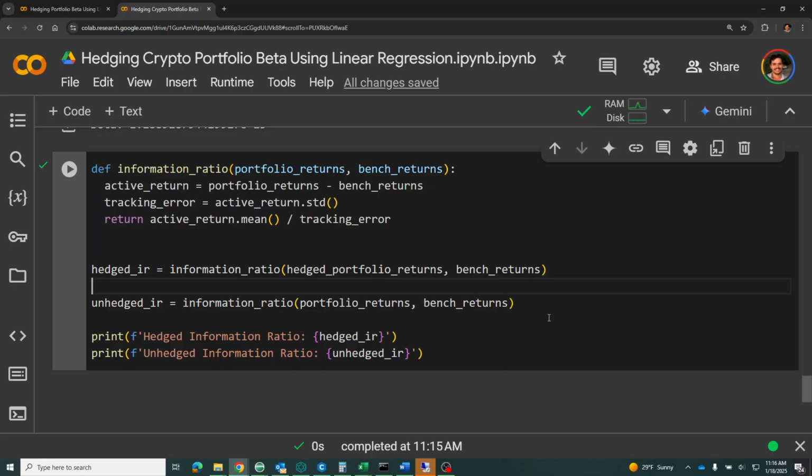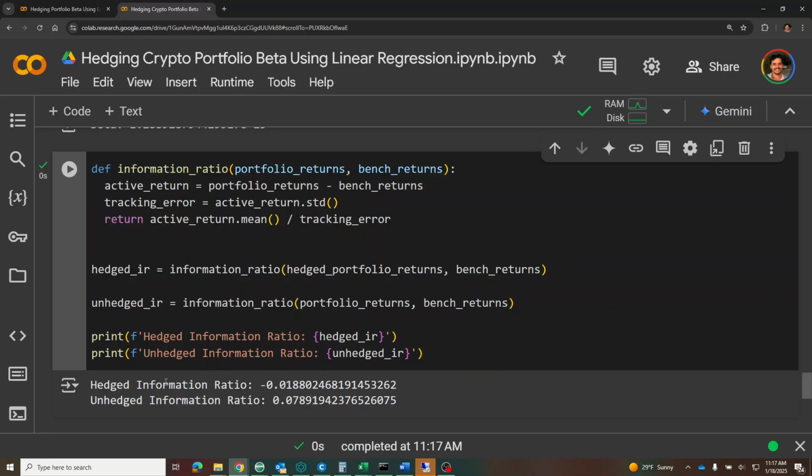it's a good way to compare two portfolios against their benchmark. So we're going to compare these two portfolios, one that's hedged and one that's unhedged. And you can see here the hedged information ratio is negative here.